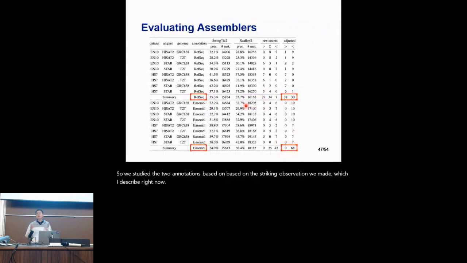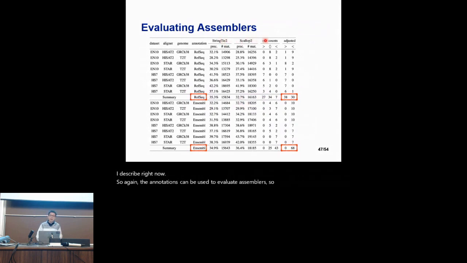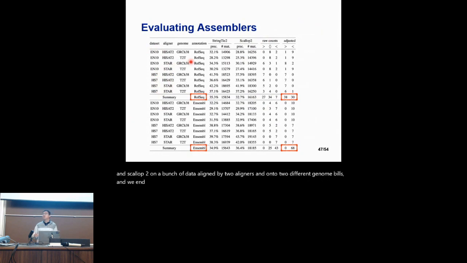Again, the annotations can be used to evaluate assemblers. So we evaluate StringTie2 and Scallop2 on a bunch of data aligned by 2 aligners and onto 2 different genome builds, and we end up with 68 instances. And here's the result.